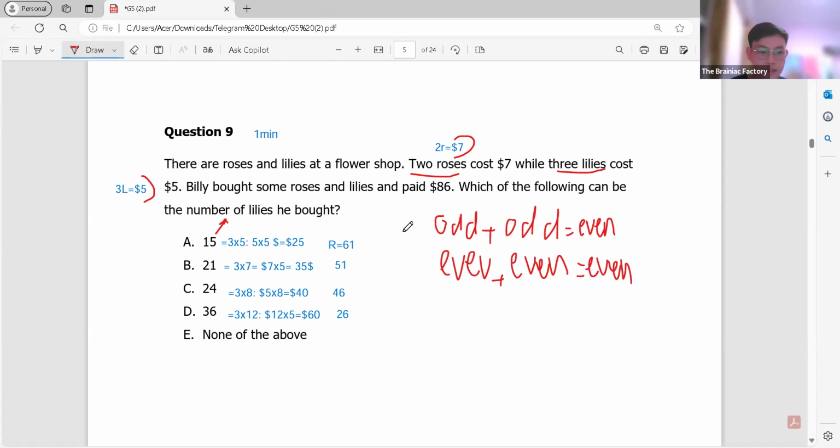So let's assume that the price of the roses must be divisible by 7.